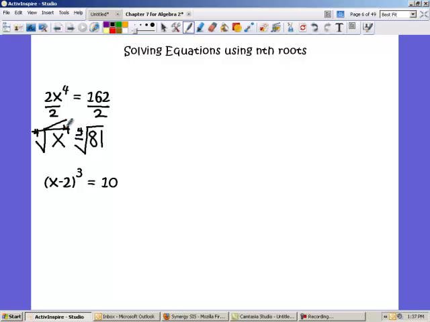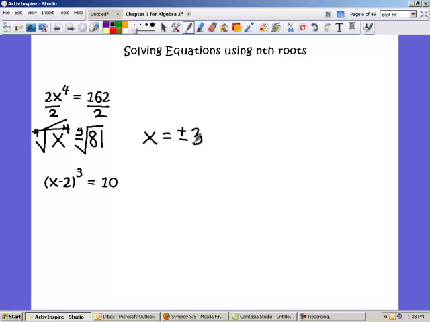And that will cancel out, and you'll be left with x. And the only thing you have to remember is my root that I'm taking, even or odd, it's even, so my answer will have a plus minus on it. And the fourth root of 81, you may not know that, but if you go to punch in 4, math, scroll down to number 5, 81, the answer is 3.